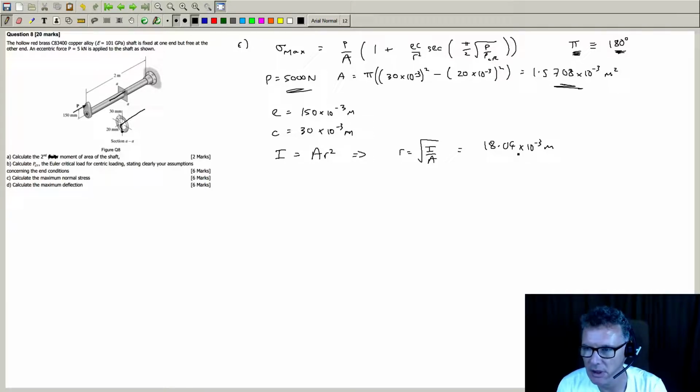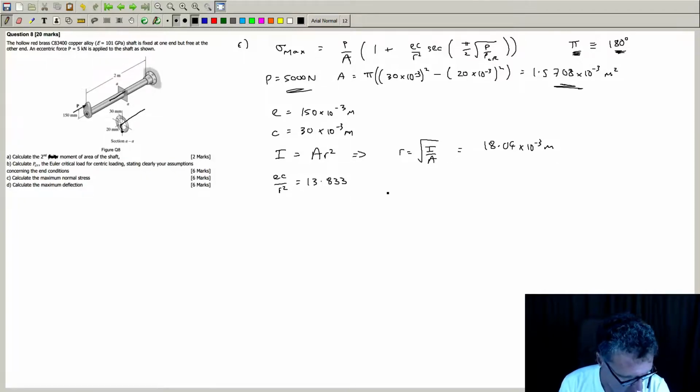I suppose the only reason you'd want to do that is then you can compare your r to your c value. Then we can work out this bit here, the ec divided by r squared. So put all these numbers together and you get a ratio. Again, we've got length divided by length squared, so no units: 13.833.